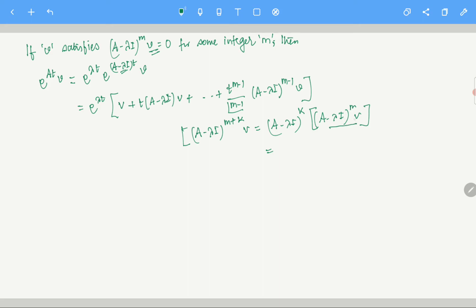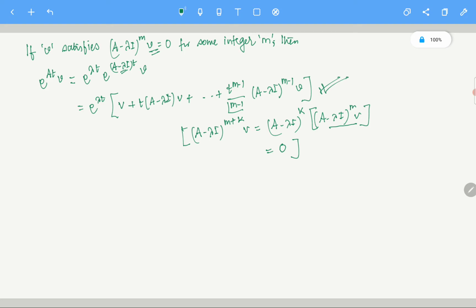Now (A minus lambda I) to the power m times v is 0, because that is given to us; we are assuming this is the case. So this becomes 0, because (A minus lambda I) to the power k acting on 0 is 0. Clear?